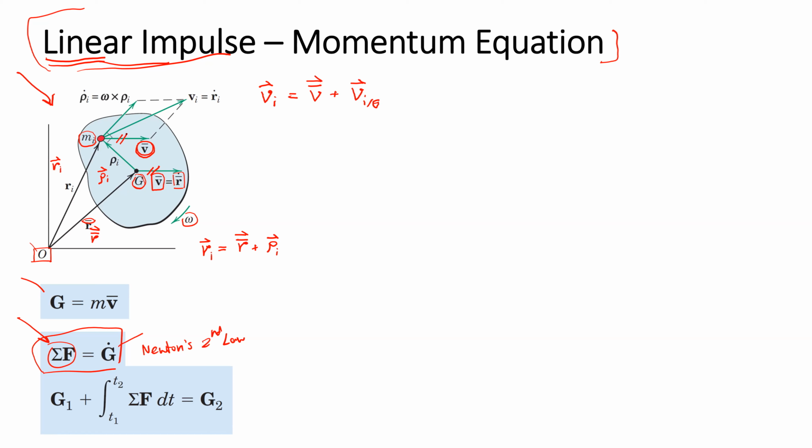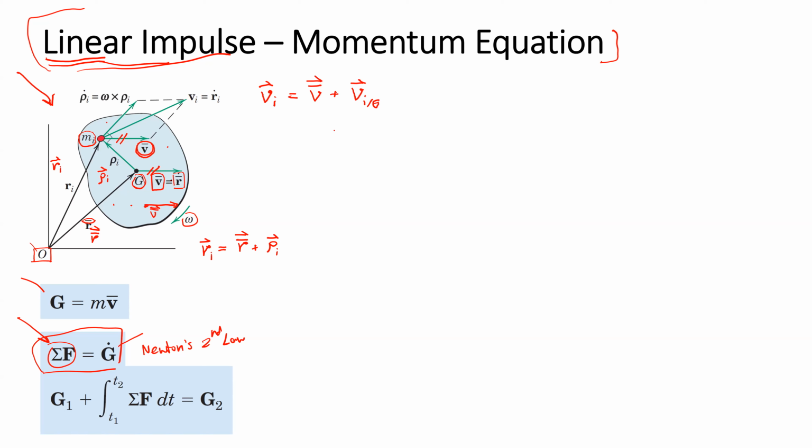It means we apply the translation effect of the center of gravity to all the points on the rigid body. In any point of the rigid body, they should have this component V bar.